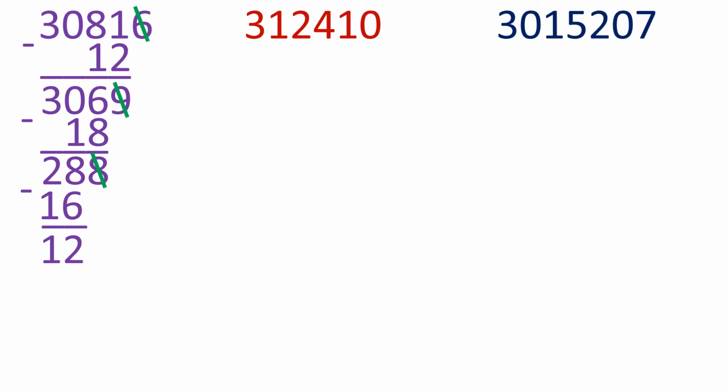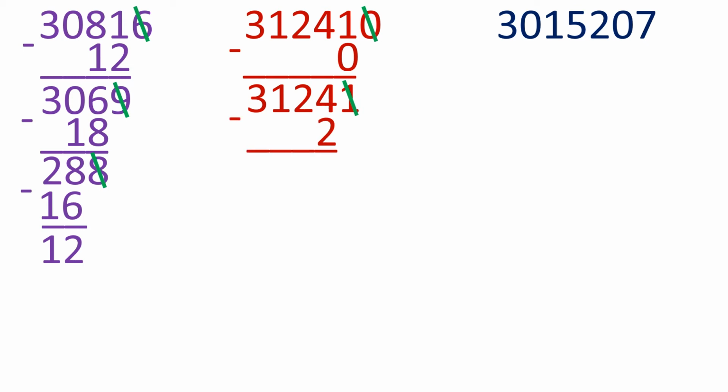How about the second one? Let's take the last digit, multiply it by 2, which is 0. Then subtract from the remaining numbers. So it will be the same since we're subtracting 0. Take again the last digit, times it by 2, and subtract from the remaining. So the difference is 3122.